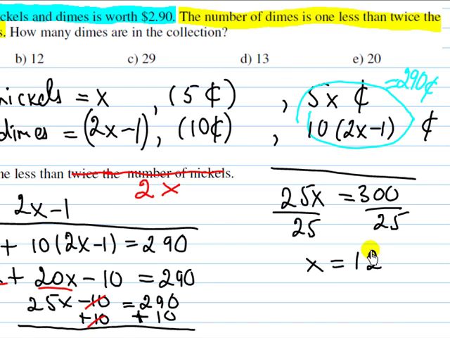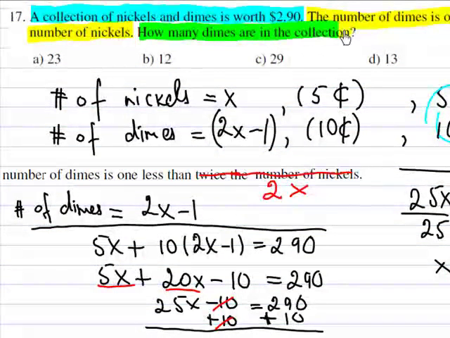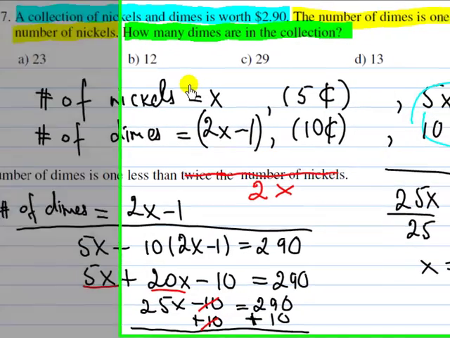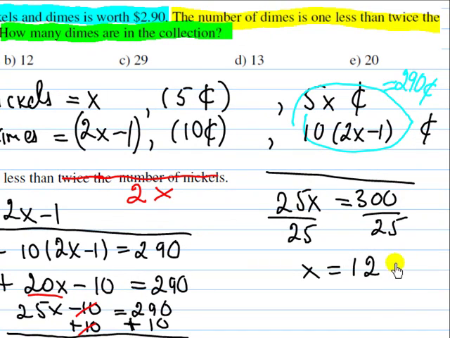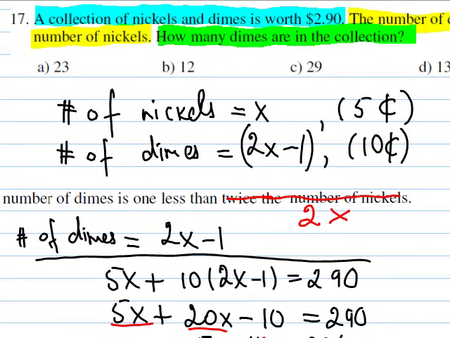Well, it's important to read what the actual problem asks. They ask us to find how many dimes are in the collection. But x is the number not of dimes, x is the number of nickels. So 12 nickels. And to find the dimes, we're going to go here.